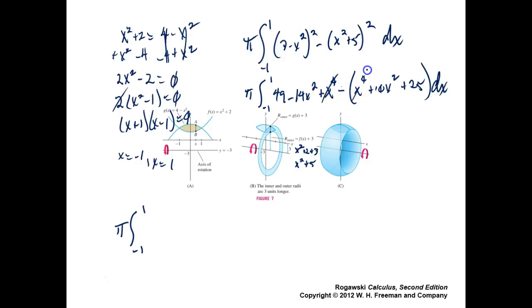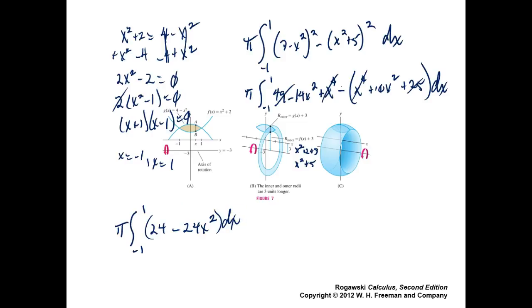Those go away, don't they? Isn't that nice? Okay. Then let's do the 49 next. 49 minus 25, that would be 24, right? Okay, so that's taking care of those. And then we have a minus 14x squared minus a 10x squared. That would be minus 24x squared dx.